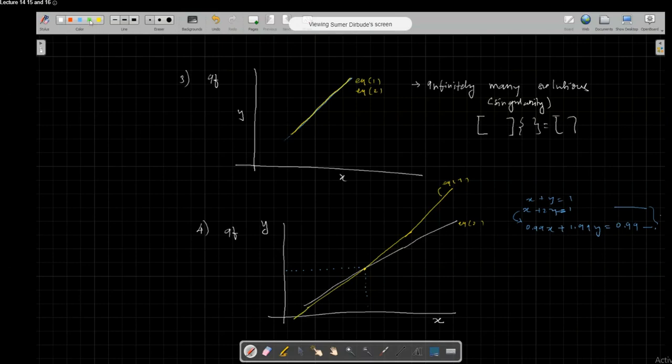So I'm drawing by green color the shift of this line. It is just a shift of that. Suppose it is shifted by 1 minus 0.9. That is just a small epsilon shift.